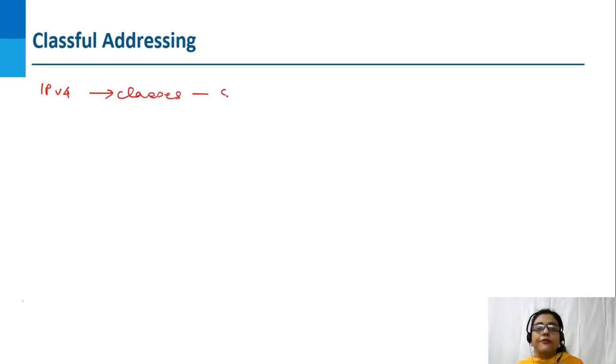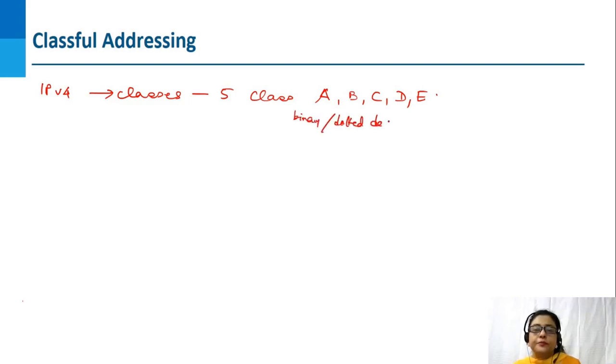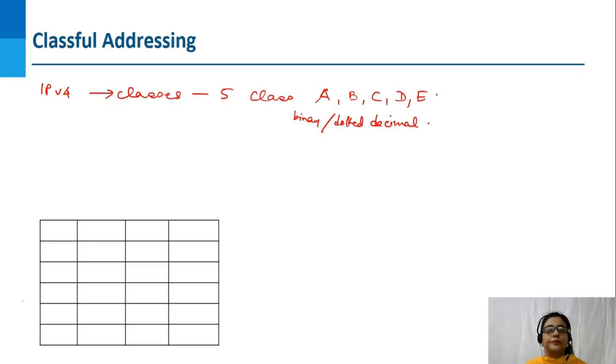There are 5 different classes: A, B, C, D and E. Now these classes of addresses are defined as said previously by either binary notation or dotted decimal notation. Now let us understand these classes one by one.